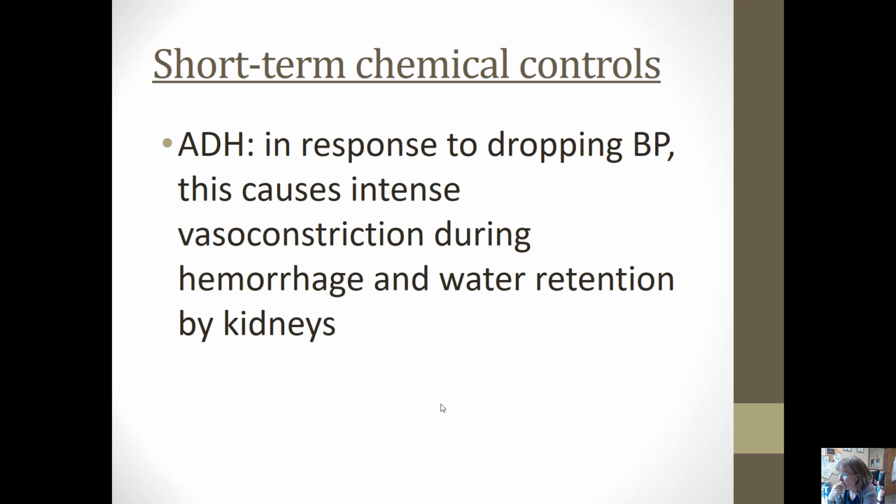ADH will be released in response to dropping blood pressure, causes intense vasoconstriction during hemorrhage, and will also go to the kidneys to increase water channels, aquaporins, in the distal convoluted tubule and the collecting duct, and reabsorb water from our urine, thereby making our urine very concentrated. That way we're not losing water, and our blood volume will go up. And anytime blood volume goes up, like cardiac output, so will our blood pressure.